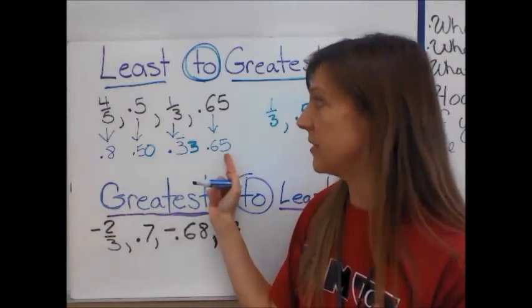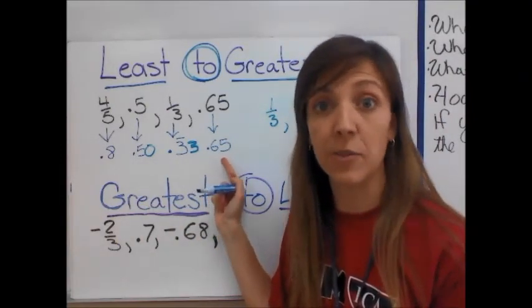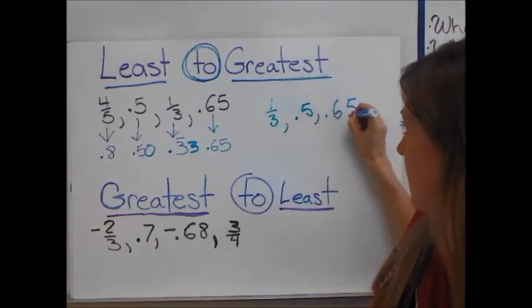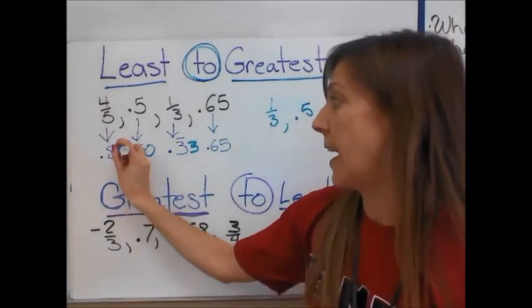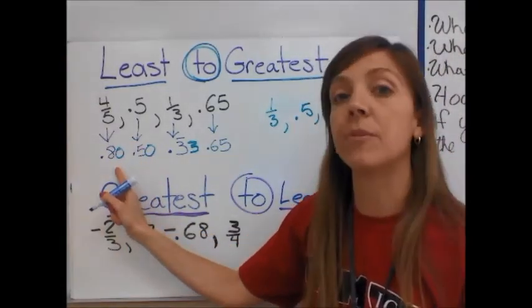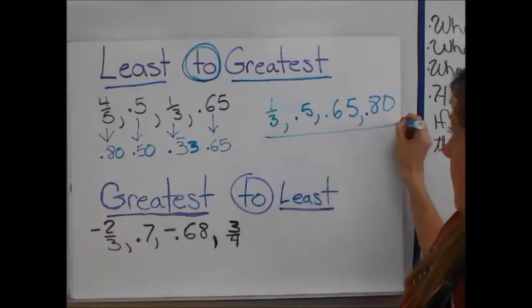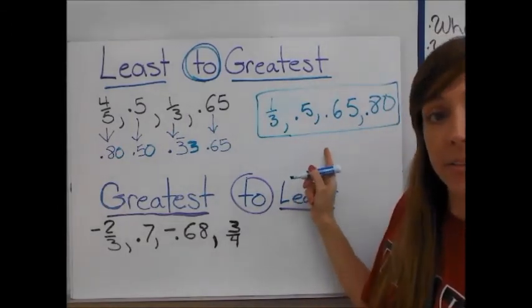And the next smallest number would be 65/100, which would be 65 cents if I was looking at it in money. And the largest amount would be 8/10, which is 80 cents in terms of money. From least to greatest, this is my answer.